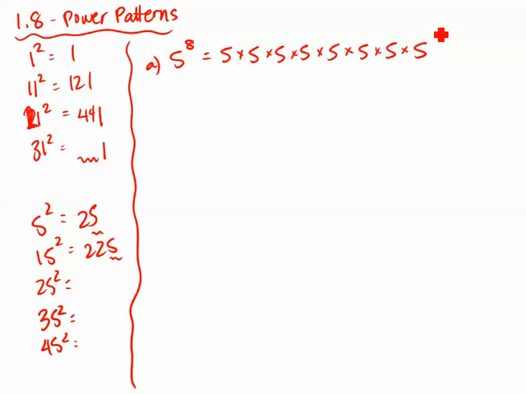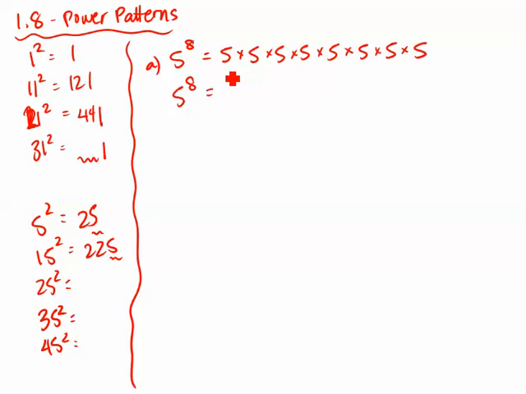Now, this is pretty interesting, and I can predict again based on our power patterns that the last digit will be 5, because 5 times 5 will make 25, and then repeated after that, I'll always have a 5 as my last digit. But also, looking at how powers combine, we see 8 5s here. Let's see how that can be regrouped.